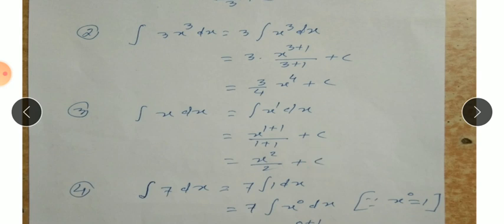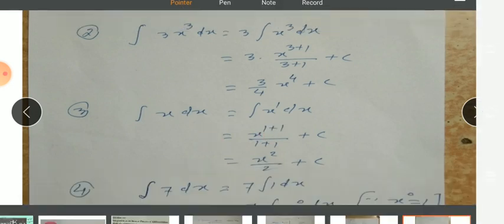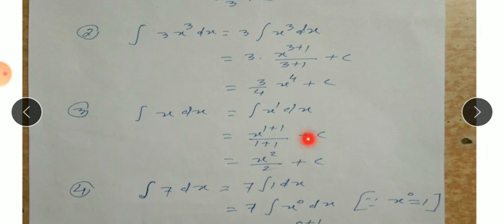Once again, integration x dx is equal to integration x raised to 1 dx. Again apply the same formula, integration of x raised to n is equal to x raised to n plus 1, that is 1 plus 1, upon 1 plus 1, plus c, which is x square upon 2 plus c. c is known as the constant of integration. This is always applied in an indefinite integral.